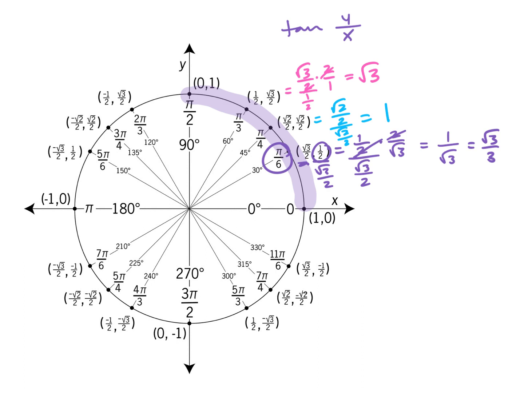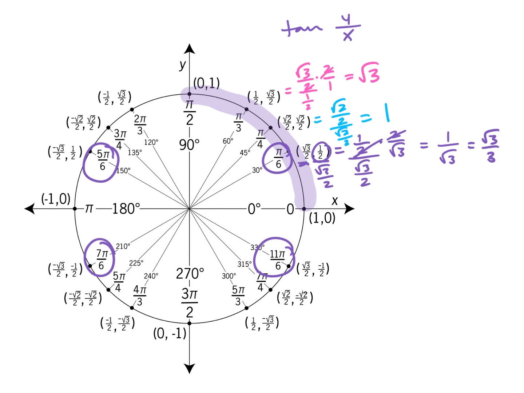Now the other quadrants, the three terms there, will match these depending on what your denominators are. So I know that since this is pi over 6 and it gave me what I was looking for, that square root 3 over 3, this one's going to be the same because it's 5 pi over 6. This one's going to be the same because it's 7 pi over 6 and 11 pi over 6. So all the ones that have the denominator of 6, those are going to be our answer.